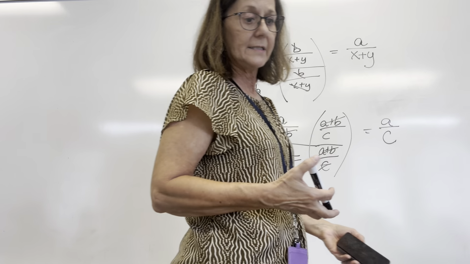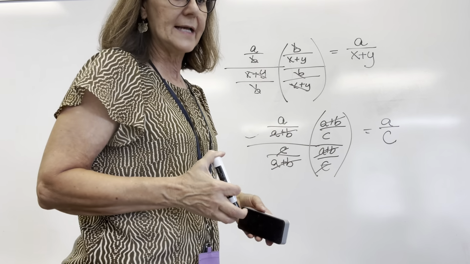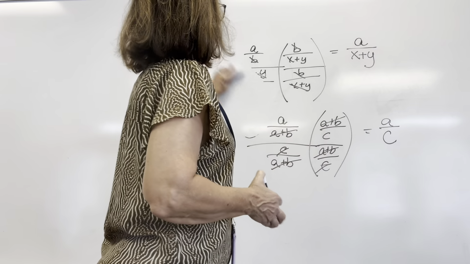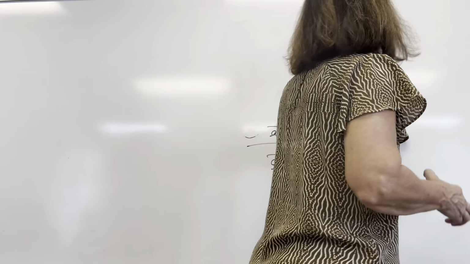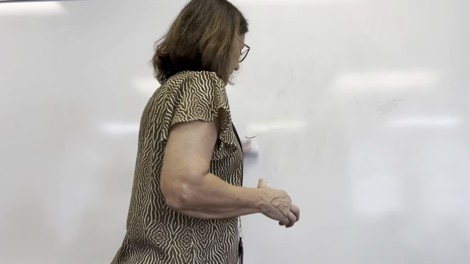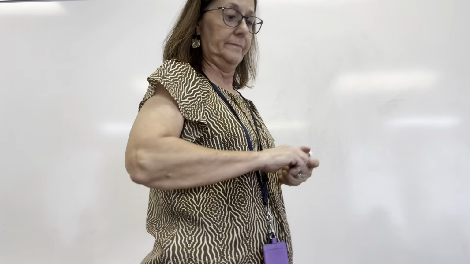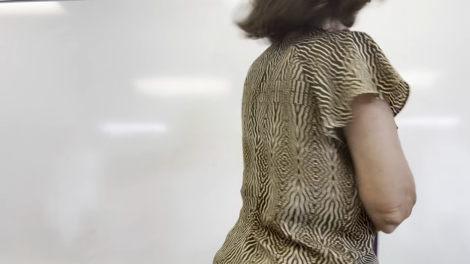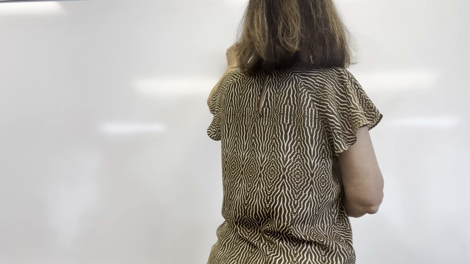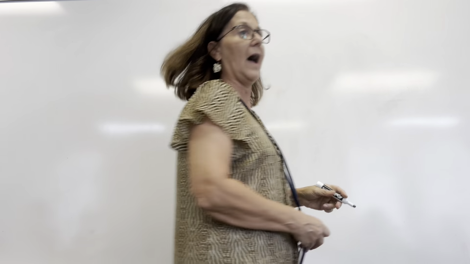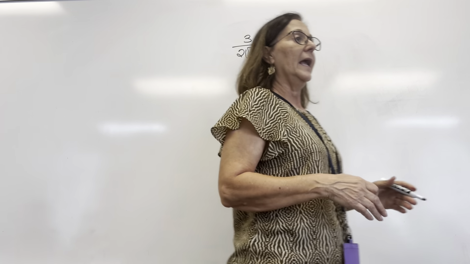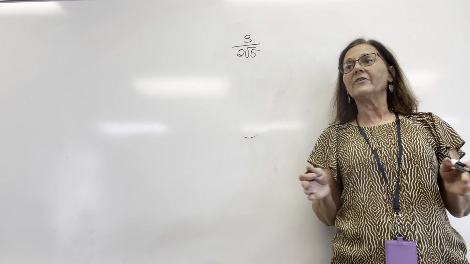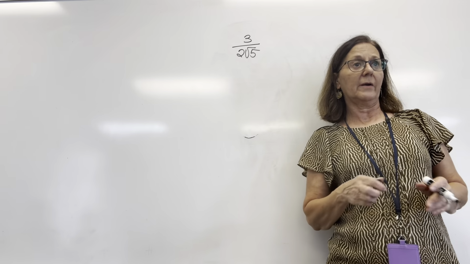The other part of this lesson is we're rationalizing the denominator. So you begin with an irrational number in the denominator. So it's under a radical. And the first example is 3 over 2 square root of 5. The only way we can rationalize any number is by multiplying by whatever that irrational number is.